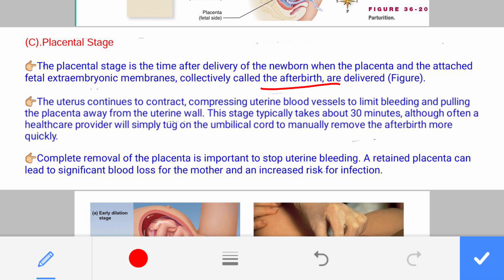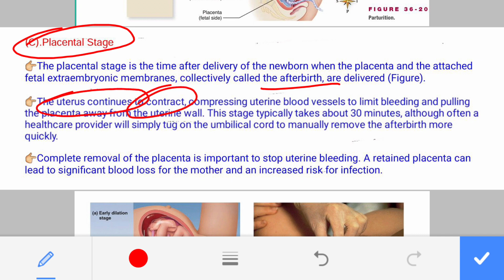Okay, now during the placental stage, the placenta is coming out along with the umbilical cord, and the uterus is continuously contracting, because this contraction is helping the blood vessels to compress.